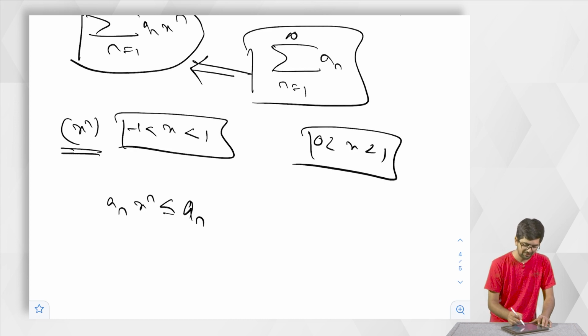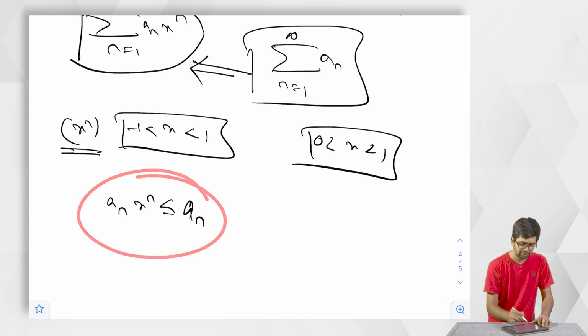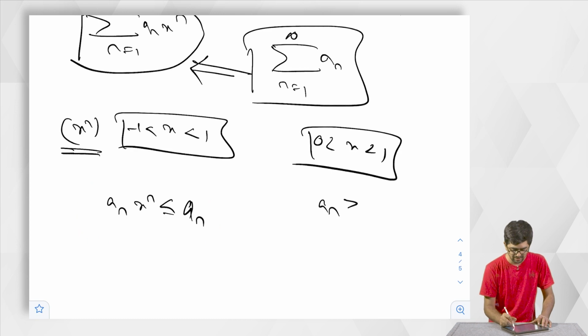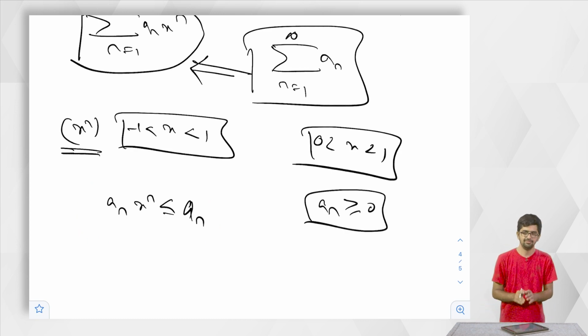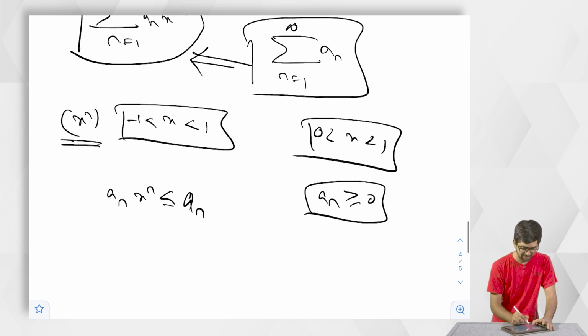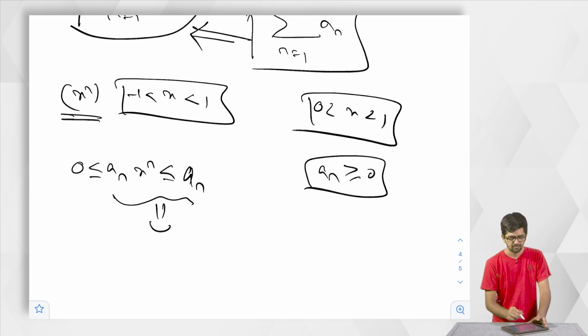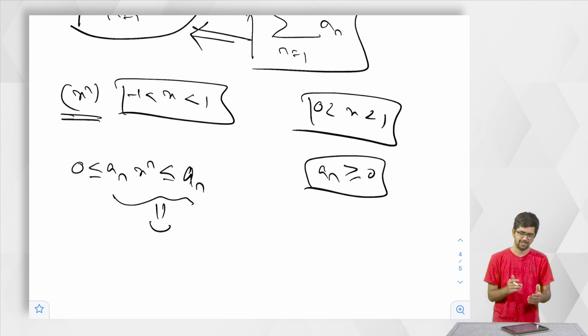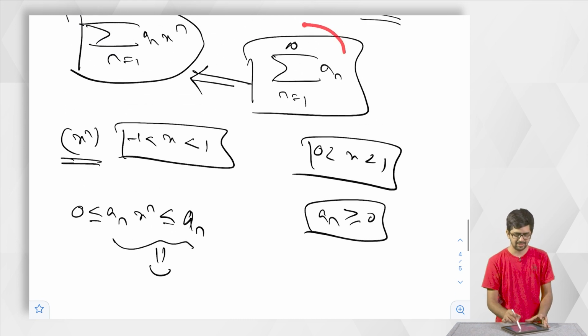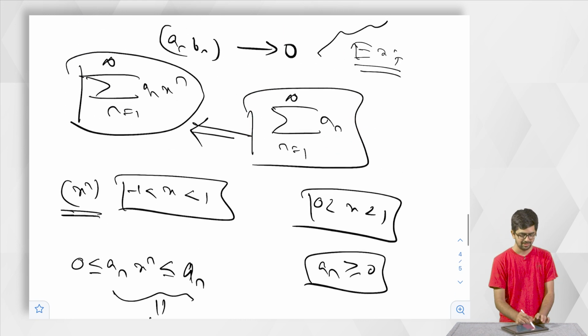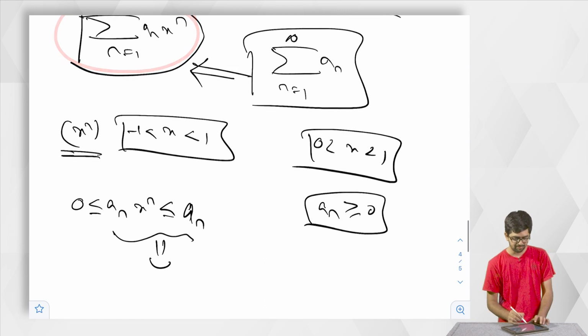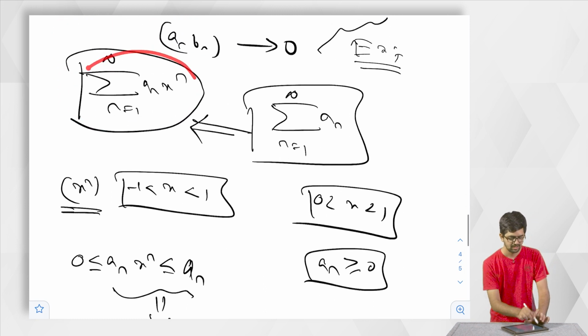For this, I should know that an is non-negative. Let us assume for now that an is non-negative, then it implies this. Again this implies 0 less than or equal to an x power n less than or equal to an. Same comparison test. I know that summation an is convergent, this implies that summation an x power n is convergent.